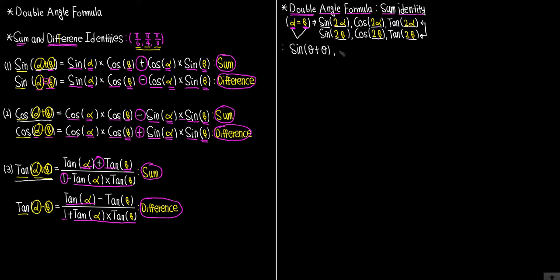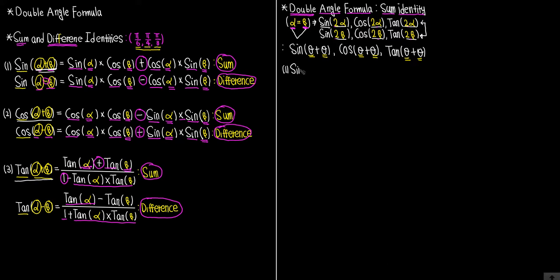Also, we're going to talk about the cosine of theta plus theta and the tangent of theta plus theta, when inside the sine, alpha and beta, which are the special angles, have the same value as theta. So eventually this will happen. Firstly, let's think about the sine of theta plus theta.